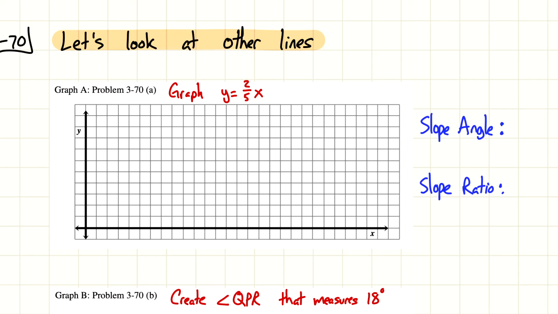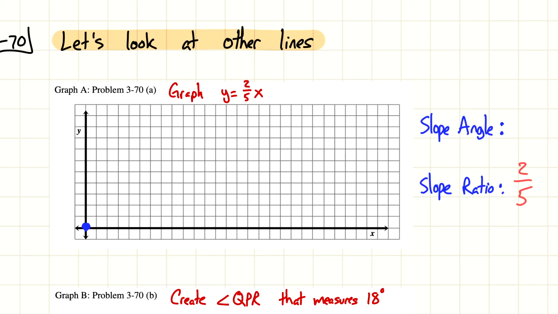So I would start this process by plotting that first point at 0. And then the slope of this line is going to be in front of the x. So it's actually given to us in front of the x. So 2 over 5. So I'm actually going to write that in already in the slope ratio. This is going to be 2 over 5.